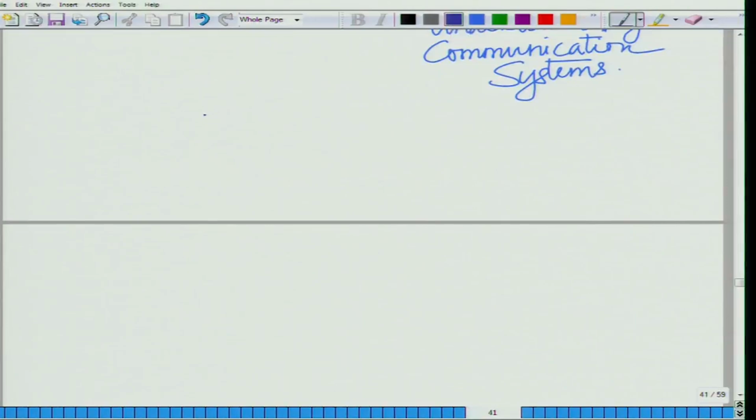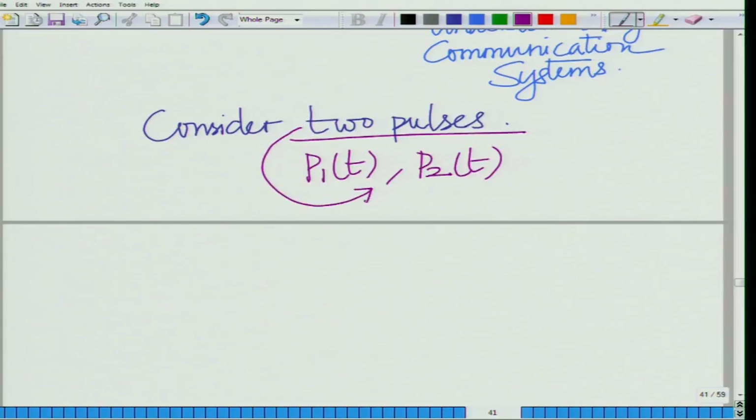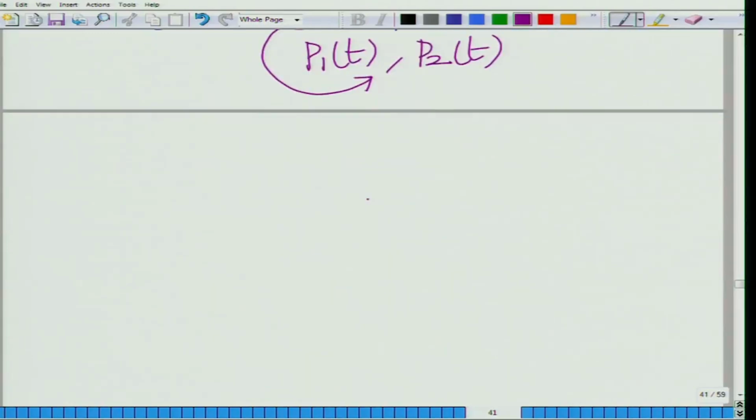Now, consider two pulses. So far what we have been doing is considering a single pulse. Now, let us consider two pulses, which we are going to denote by P1(t) and P2(t). Remember, so far we have been considering only a single pulse.